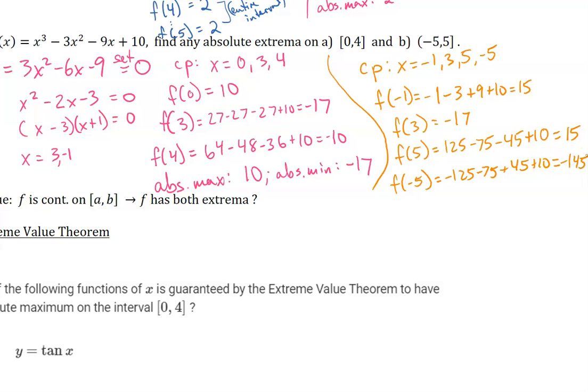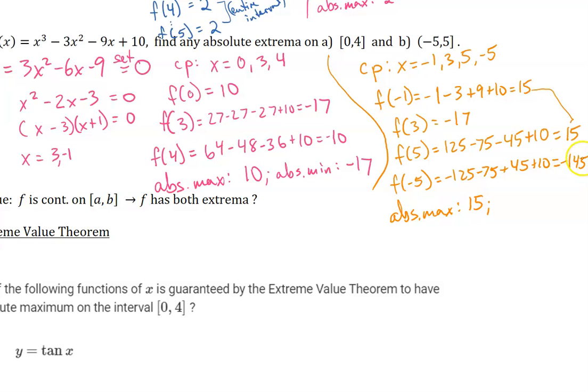-145. Okay, so our absolute max occurs twice. All right, let me write this down here. And it is 15. Our absolute min is not -17, but it is also not -145.